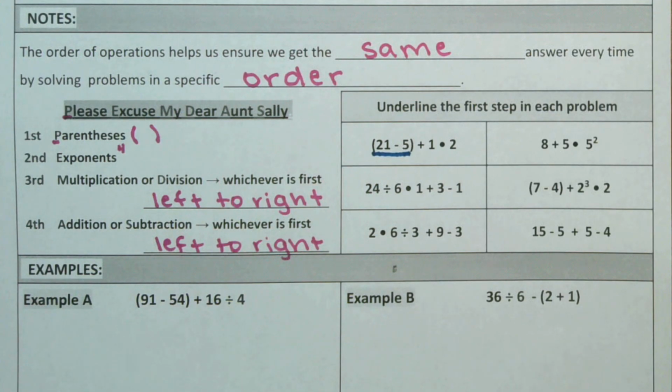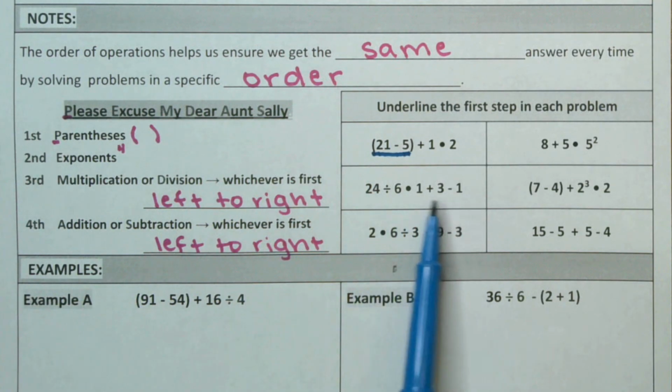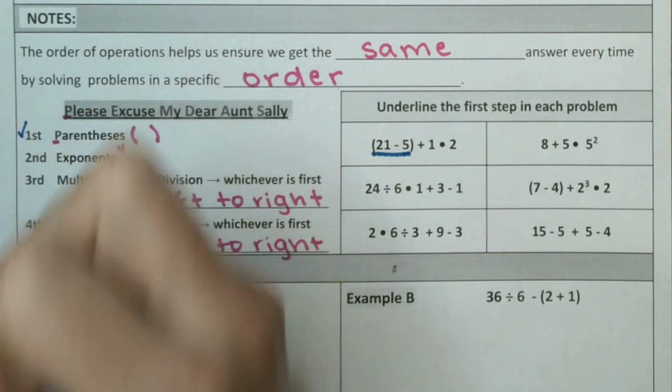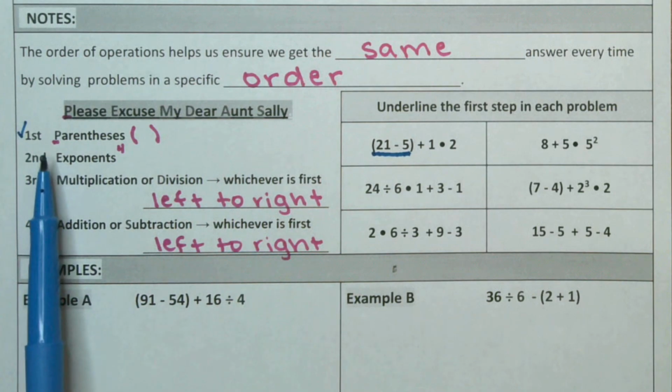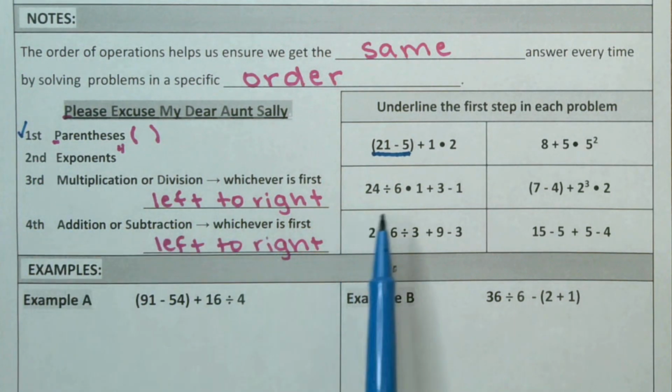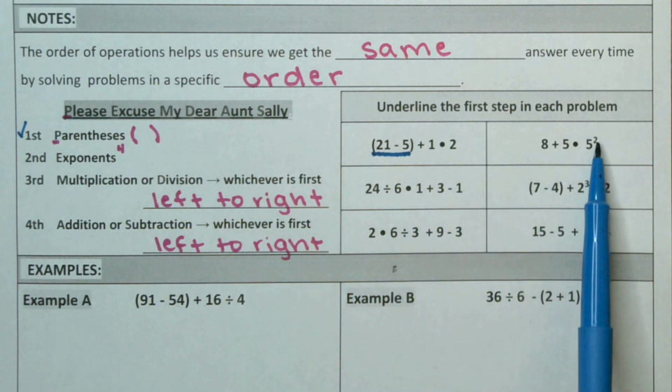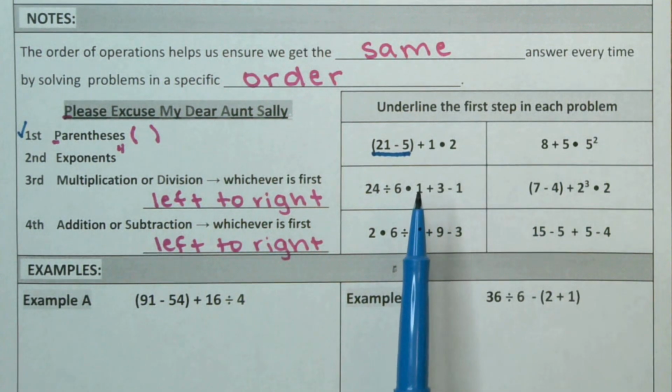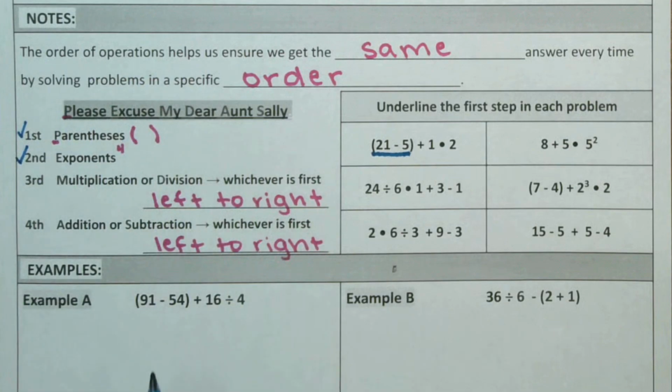Let's take a look at the next one. Do I see any parentheses? No, I do not. So I'm just going to check that off, and then I'm going to go down the list. Do I see any exponents? Nope, I don't see any of those little tiny numbers. There's an exponent there, but that's not the problem we're on. Okay, so no exponents. Now I'm going to look for multiplication or division.